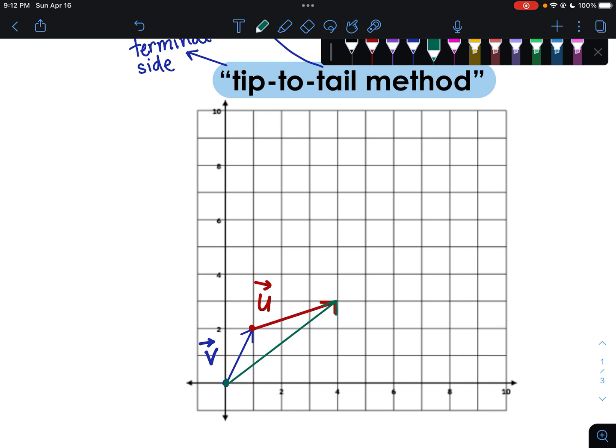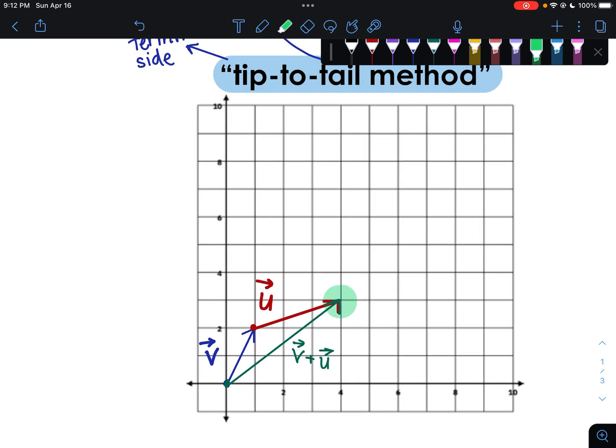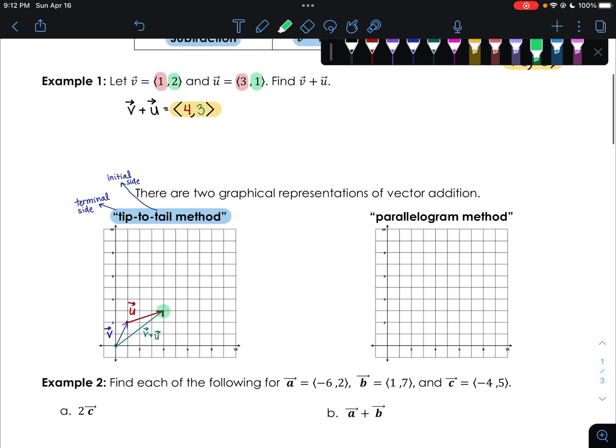Well, that new vector is v plus u. Notice where that new vector ended at. That new vector ended at 4, 3, which is what we got when we added them, which is normal addition.